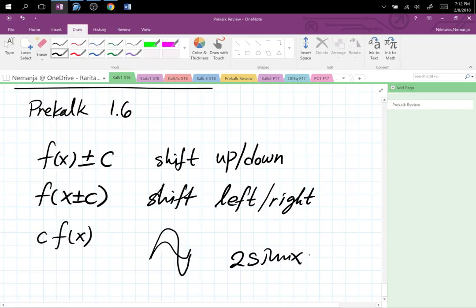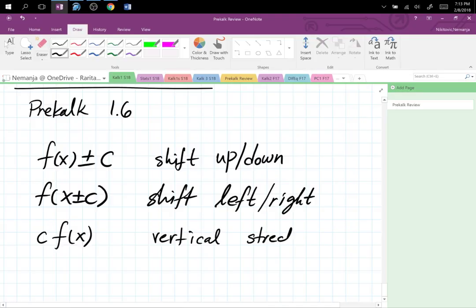Well, that's that. So now we have a vertical stretch or a shrink, because you can put the half and you are going to shrink the function vertically. So this is the vertical stretch or shrink.